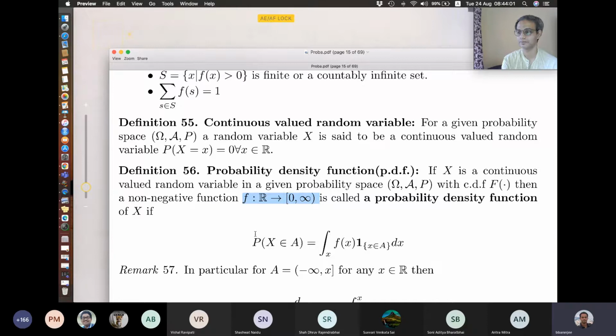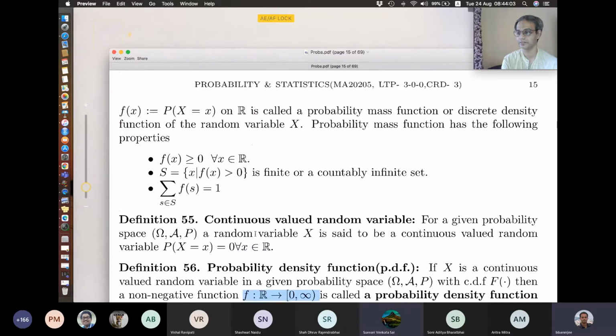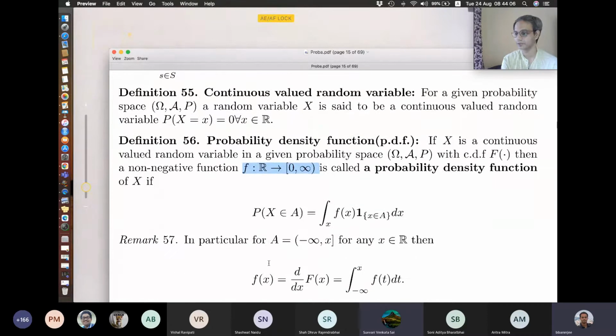Is it okay? So then what is f here? Small f is a function from real numbers to 0 to infinity, such that if you integrate small f over this kind of interval, minus infinity to x, then you will get the probability that X belongs to A. It is just a function, a non-negative function.